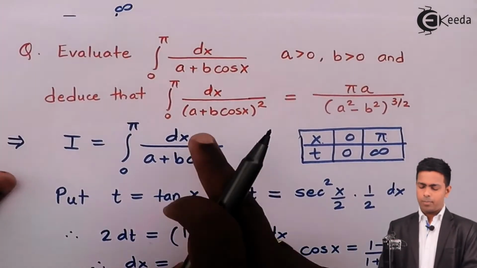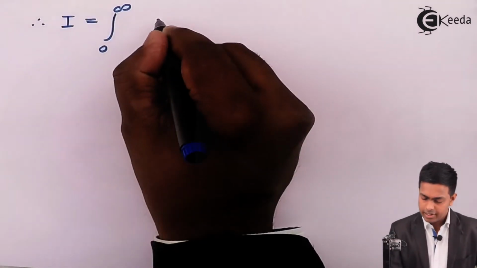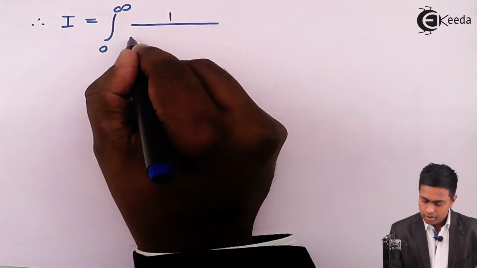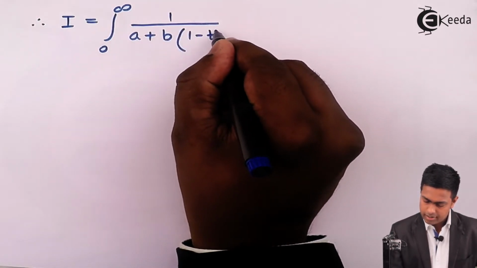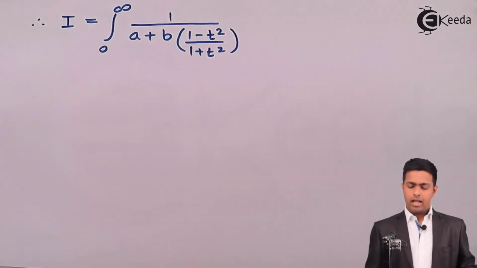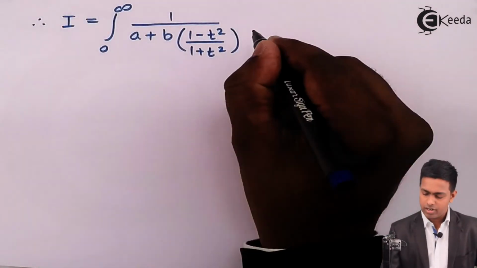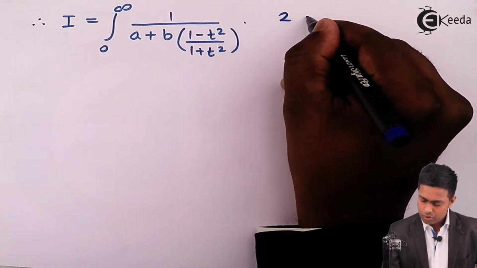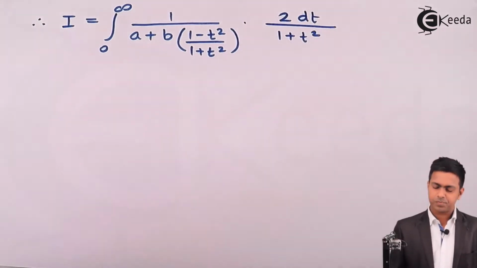Next we have 1 upon a plus b cos x. Cos x is this value, so here I'll say it is 1 upon a plus b into 1 minus t square upon 1 plus t square, and the value of dx is 2 dt upon 1 plus t square, so into 2 dt upon 1 plus t square.